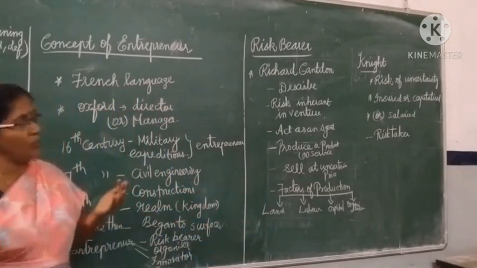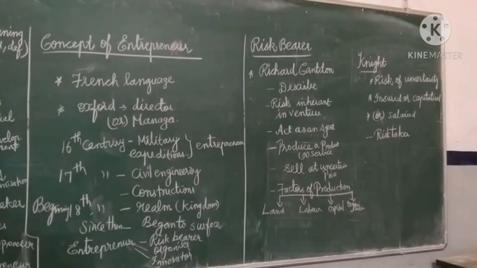See, Richard Cantillon, an Irishman, described the entrepreneur to be a person who assumes the risk inherent in the venture started by him. Risk is inherent in the venture.